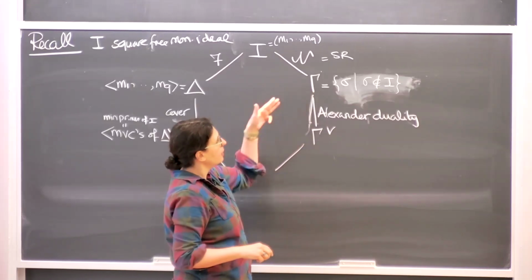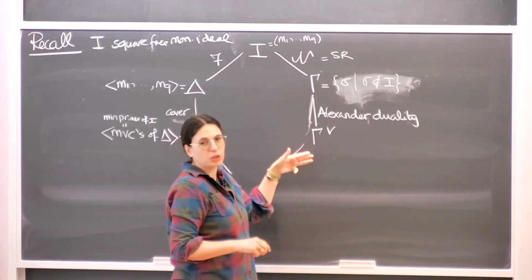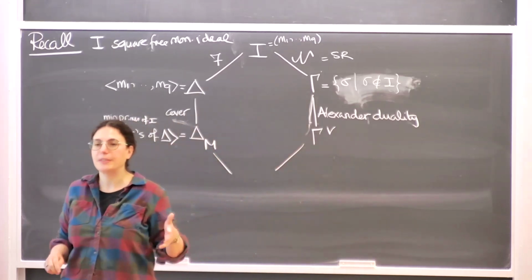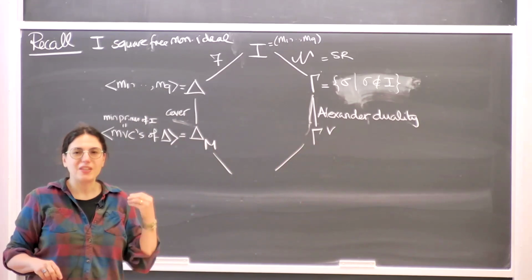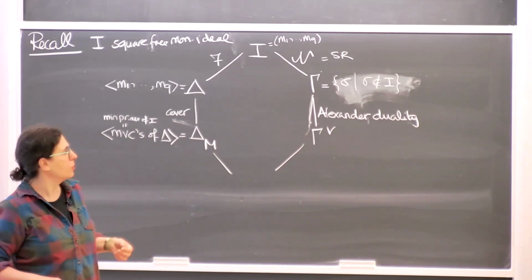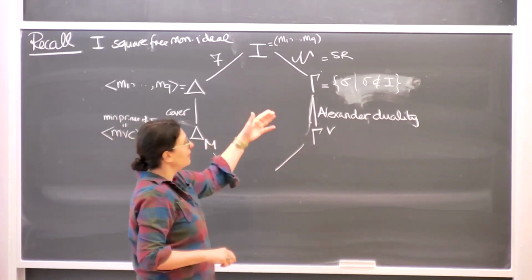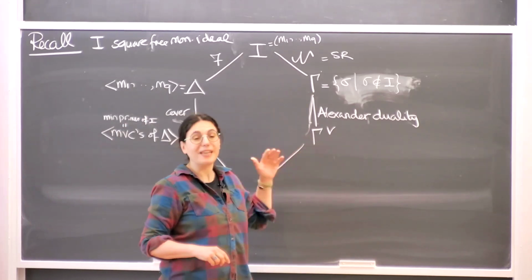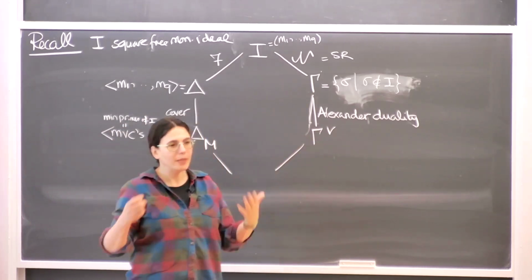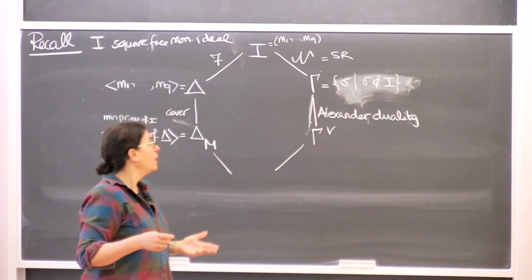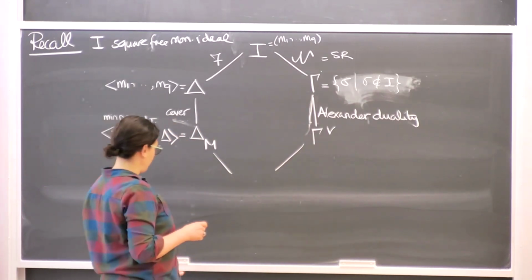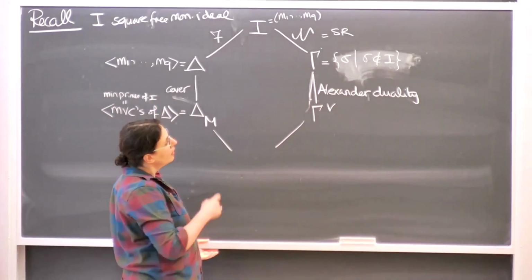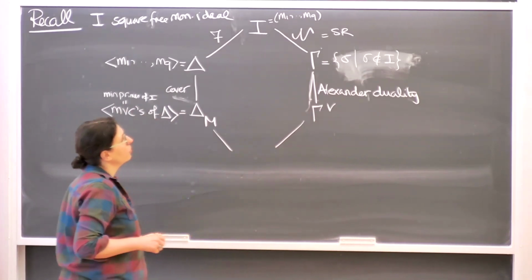It turns homology into complementary cohomology. But for all practical purposes in this area, we care about the dimension of these homology modules. So, and the dimensions are going to be the same. So this becomes extremely handy when you're dealing with numerical invariance of square-free monomial ideals, because they just depend on the dimensions of those homology modules.